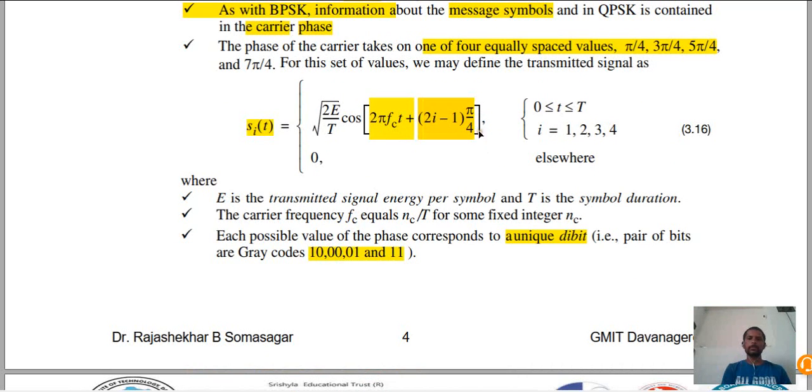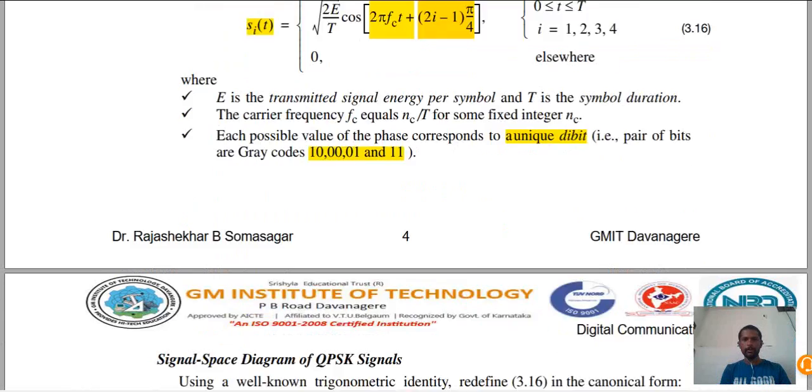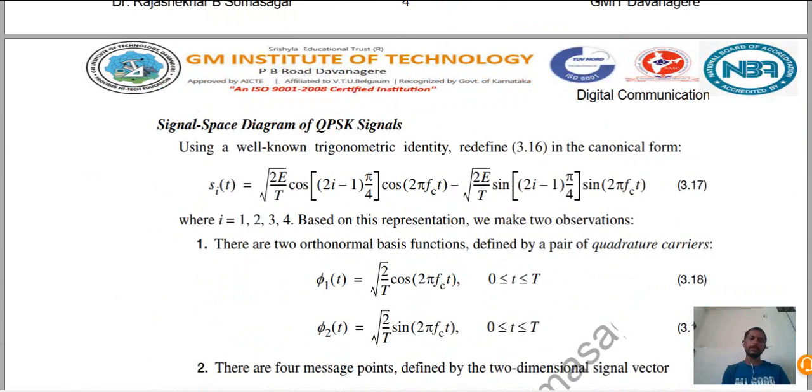Here 2 pi fc t acts as a, and (2i minus 1) times pi by 4 acts as b, that is cos of a plus b. Just apply and expand it, we will get s_i(t) equal to square root of 2E by T, which is constant for both terms, and cos of a plus b you can write as cos a cos b minus sin a sin b.